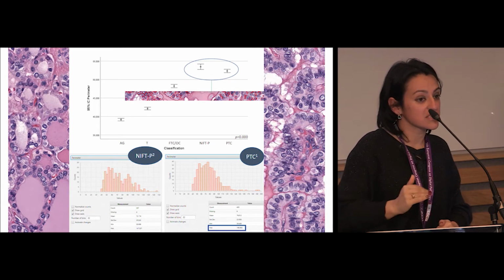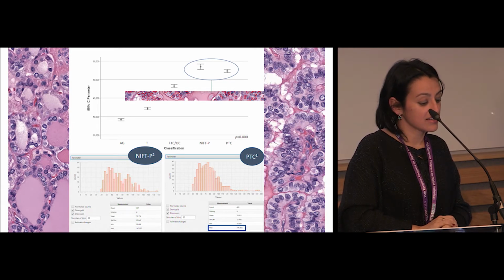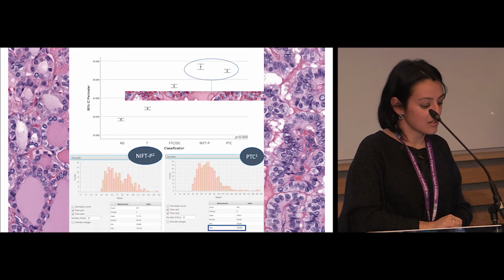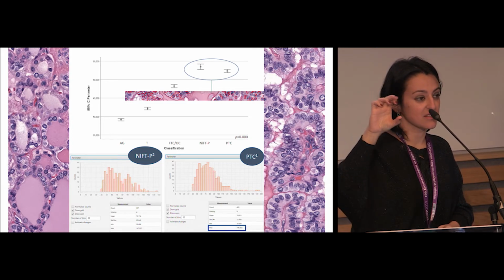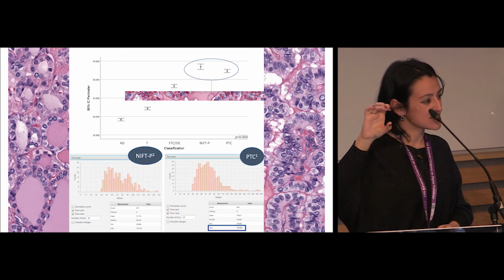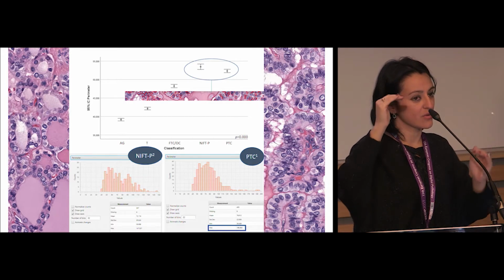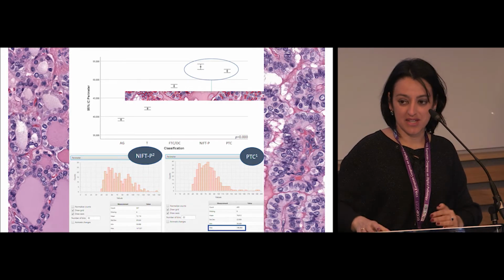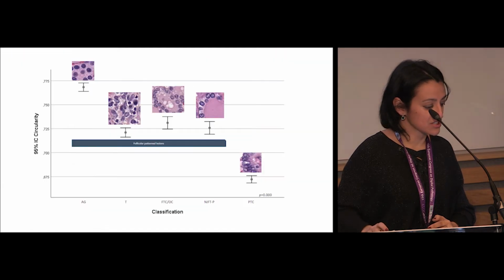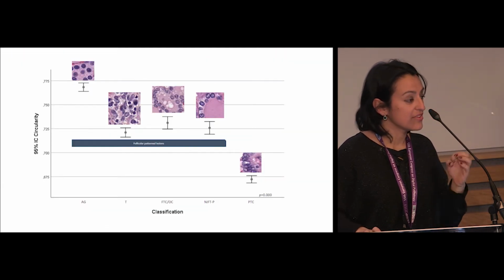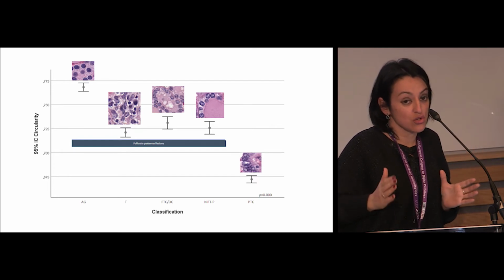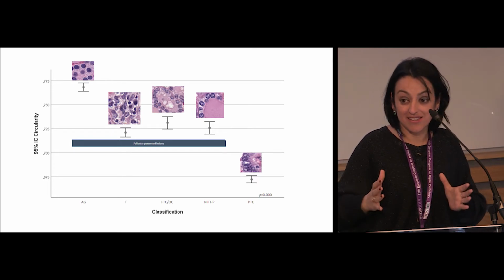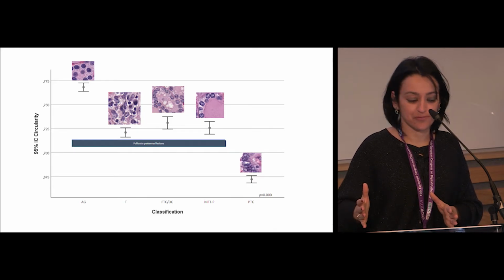So they are underestimating the area and probably also the perimeter of these lesions. Here in the perimeter you can see that again in the NIFT-P and PTC categories they are not so distant, and they are the other way around from what we think based on the pathologist observation. Nevertheless, apparently they are very important tools because they can clearly separate these types of nuclei.